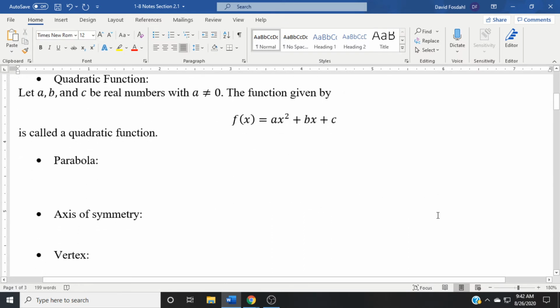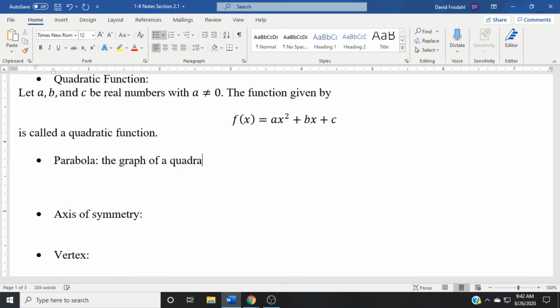Okay, let's move on. A parabola is essentially just the graph of a quadratic function, a U shape. Okay.